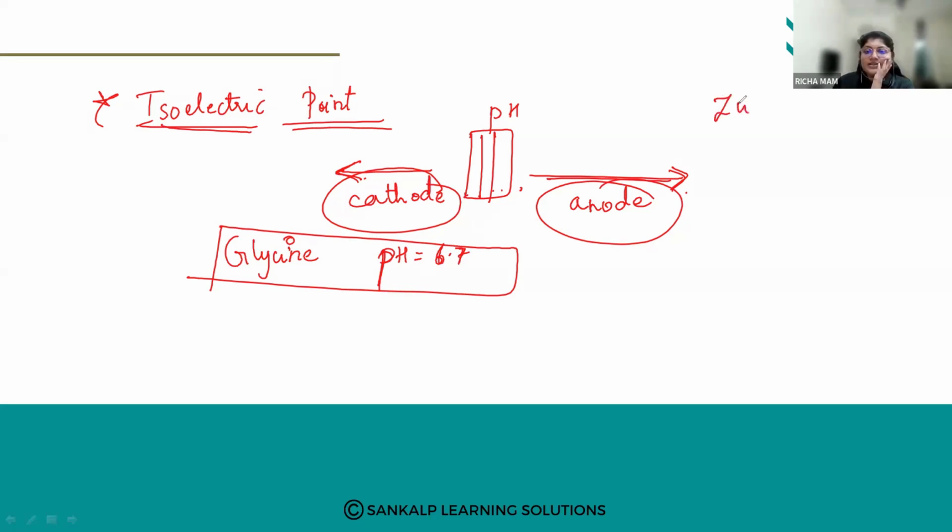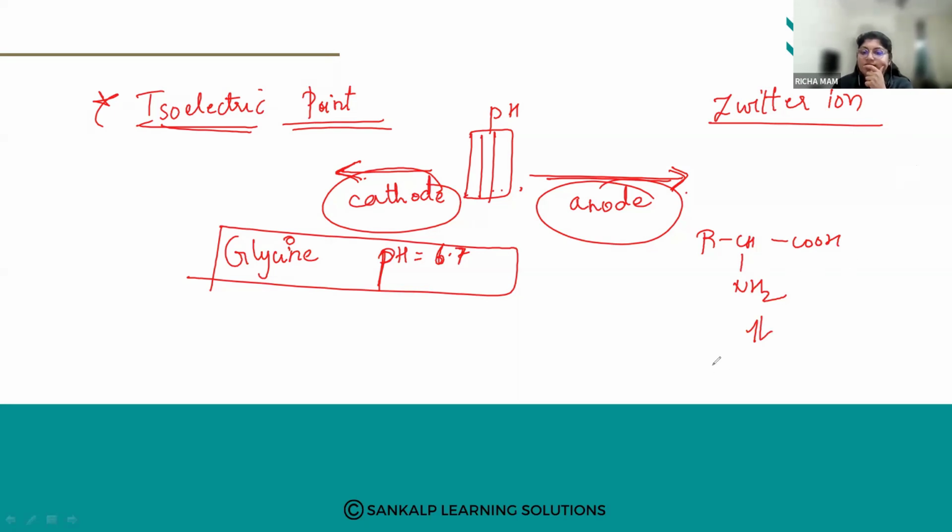Then the next important term is the Zwitter ion. What is a Zwitter ion? Take R-CH(NH2)-COOH. Here you can see there is a hydrogen in the carboxylic acid.